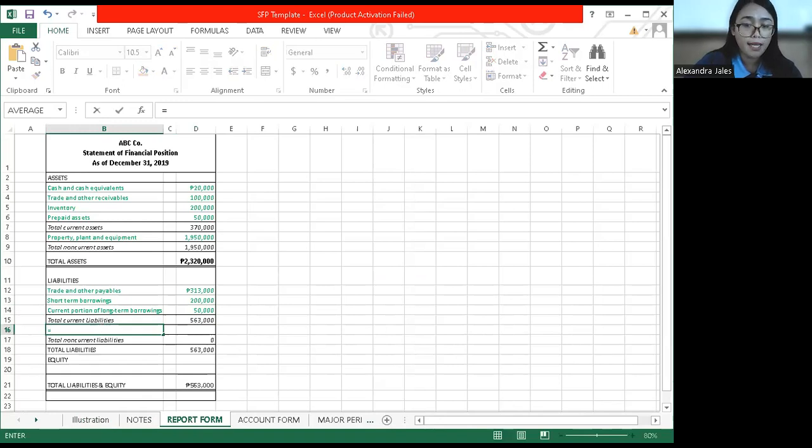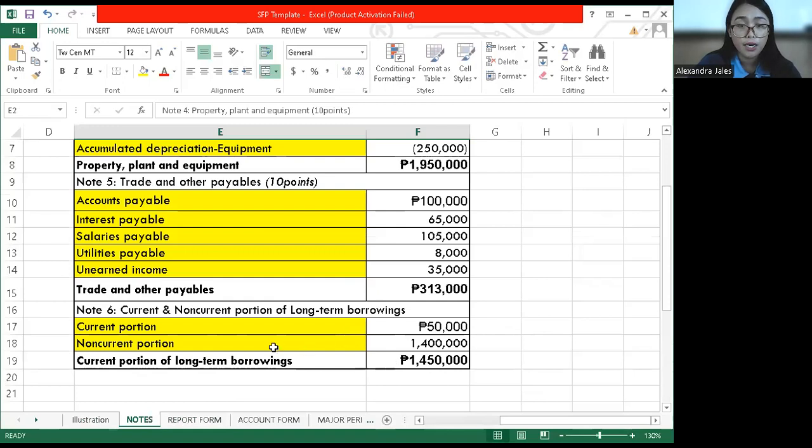And under your non-current liabilities is your non-current portion of long-term borrowing. So we could just say long-term borrowings, okay? We do not need to say non-current.